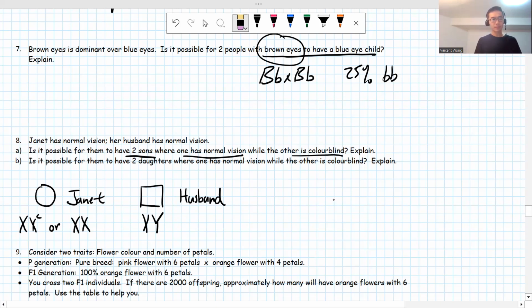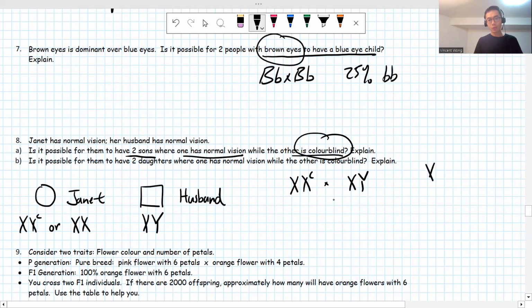Yeah, it's possible. Let's find out. If one of the sons is colorblind, then the mother must be X X^C, right? So X X^C cross XY.